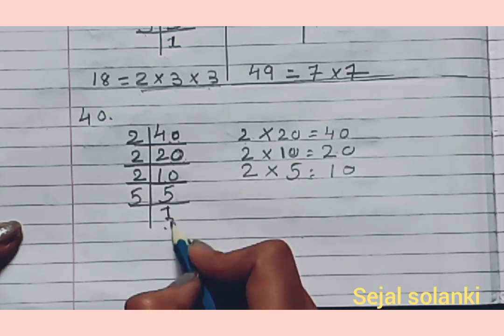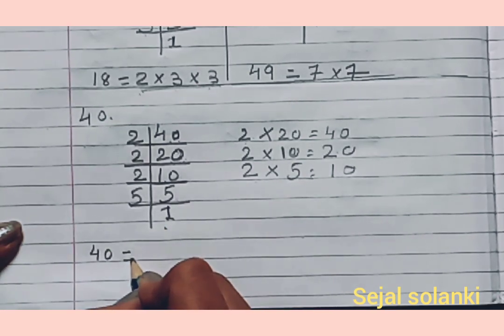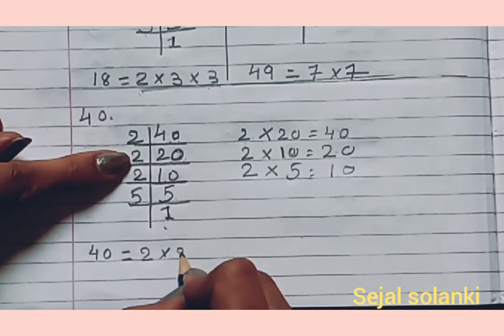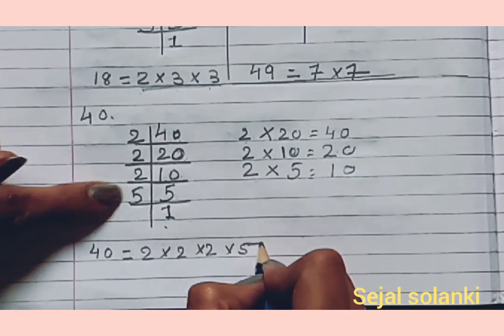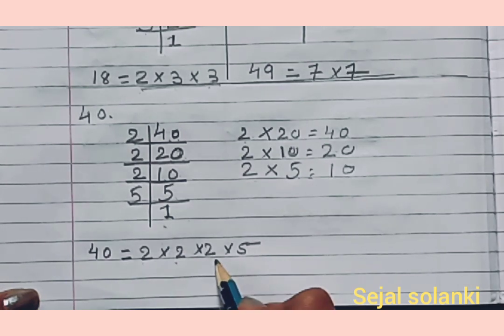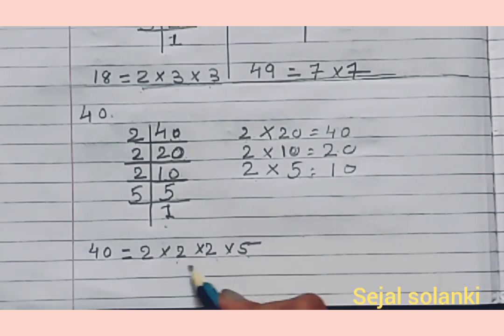At last a prime number should come. So the factors of 40 are 2 multiply by 2 multiply by 2 multiply by 5. 2 into 2 is 4, 4 into 2 is 8, and 8 into 5 is 40. So these are the prime factors of 40.